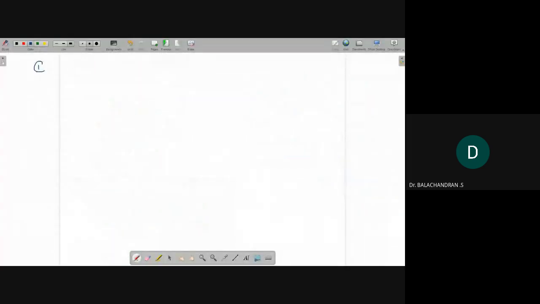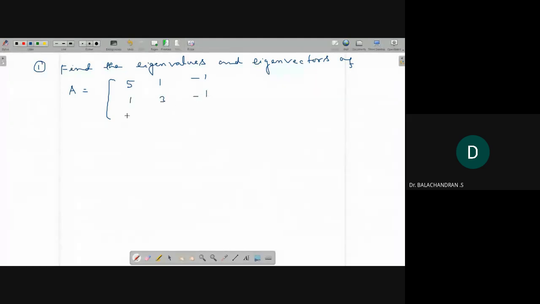First problem: find the eigenvalues and eigenvectors of the matrix A equal to 5 1 minus 1, 1 3 minus 1, minus 1 minus 1 3.